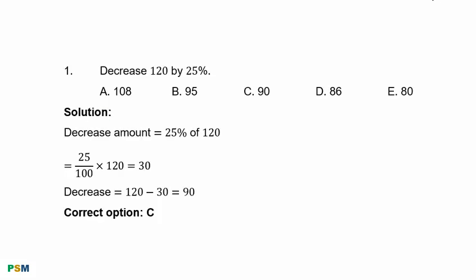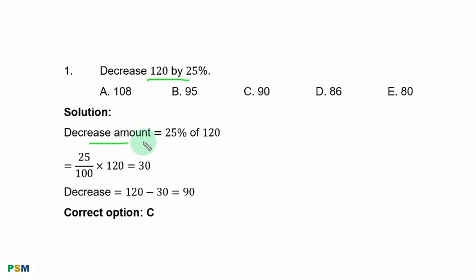Question 1. Decrease 120 by 25%. Solution. To do this, you simply find 25% of 120. That is the decrease amount. You subtract it from 120.